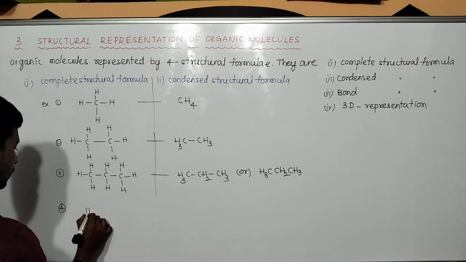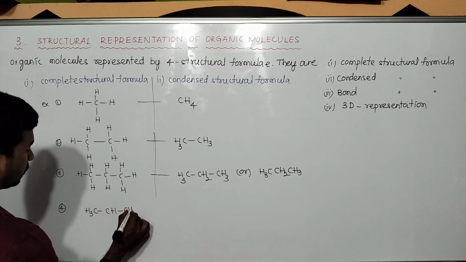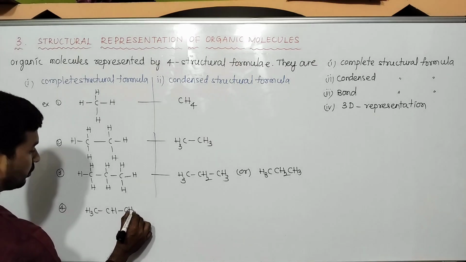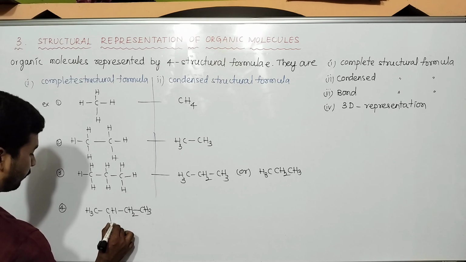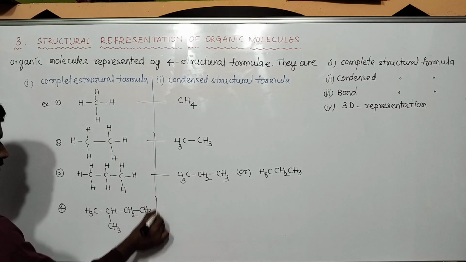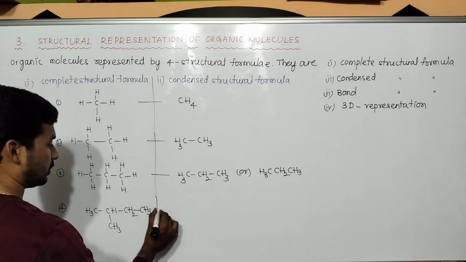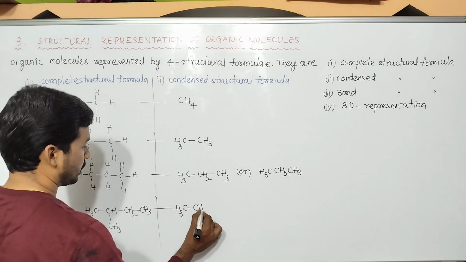For isobutane, how to represent it? The condensed formula is CH3 CH.